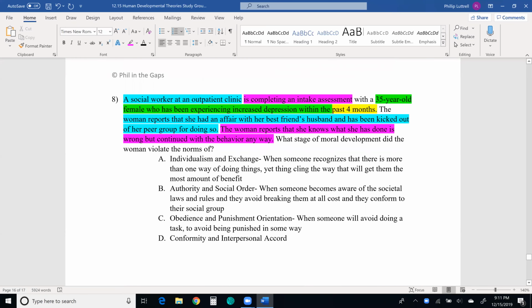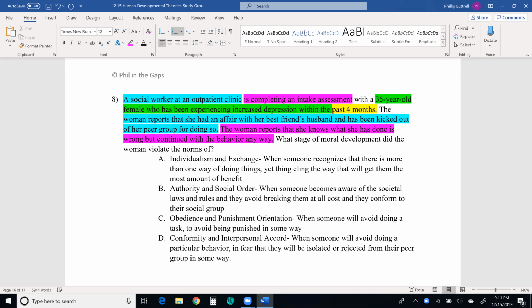And then conformity and interpersonal accord. When someone will avoid doing a particular behavior in fear that they will be isolated or rejected from their peer group in some way.